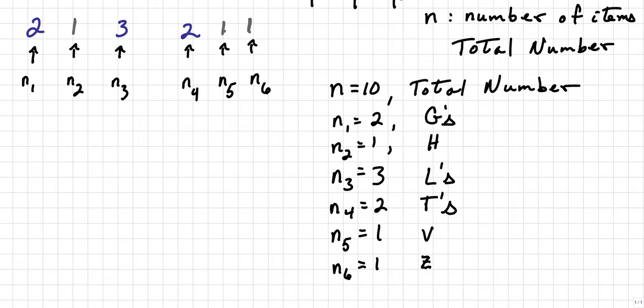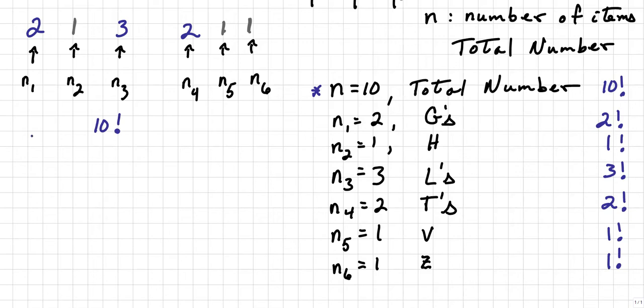Which means that I need to go ahead and create factorials for each one of these. We'll write this first one as 10 factorial. This will be 2 factorial, 1 factorial, 3 factorial, 2 factorial, 1 factorial, and then 1 factorial again. Now to create our permutation, we'll take this first one, and that's going to go into the numerator.